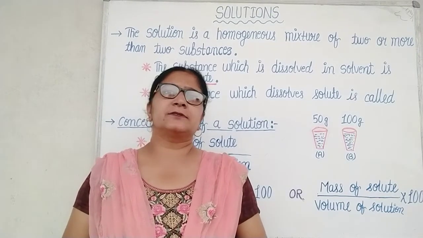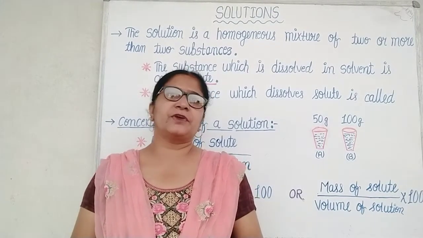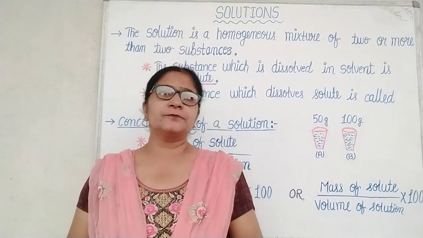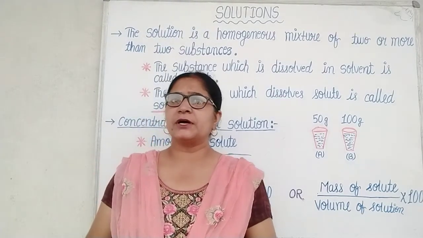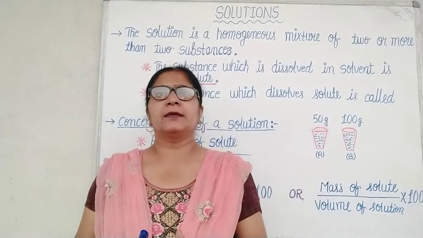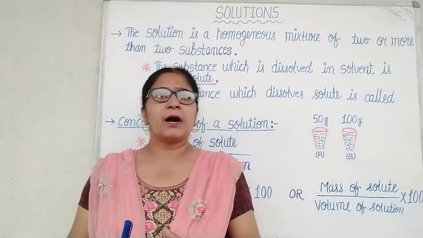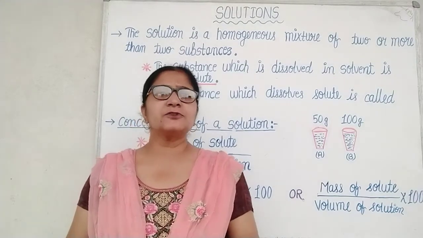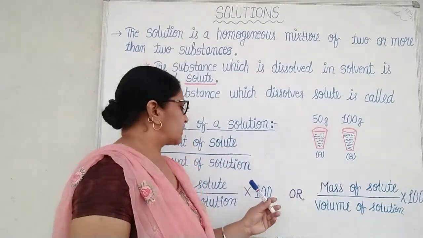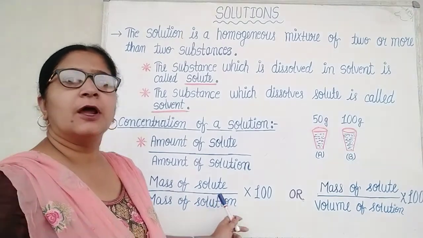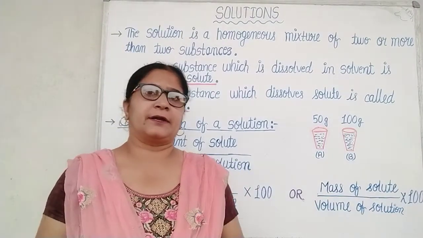Also students, there are various ways of expressing the concentration of a solution. The first one is mass by mass percentage, which is nothing but mass of solute by mass of solution, multiplied by 100.